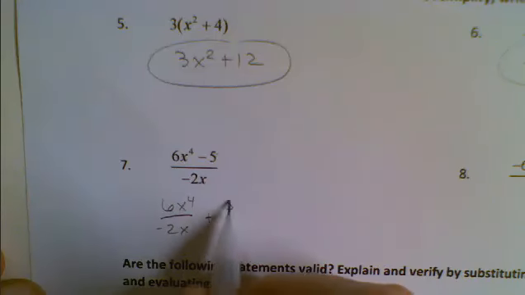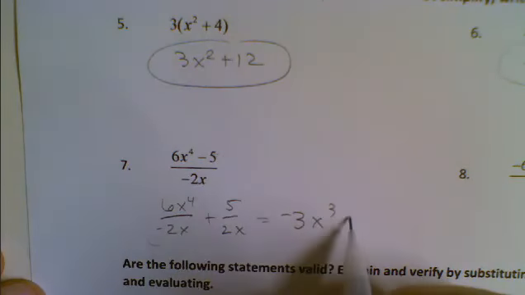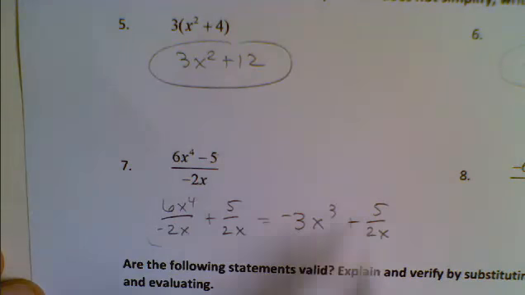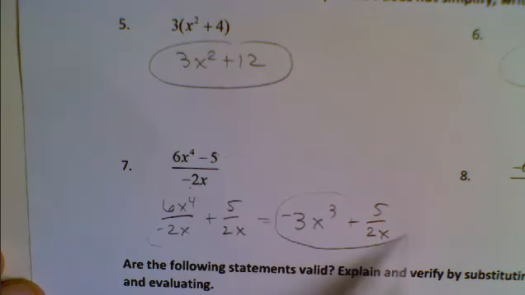But you could actually write it as 2 fractions. This simplifies to negative 3x to the 3rd. So you can simplify that fraction. And then this one doesn't cancel, it doesn't simplify, so you can leave it as plus 5 over 2x. And it was a plus because there's a negative 5 divided by negative 2x. So if you wrote that, that's fine. If you said that does not simplify, that's fine.